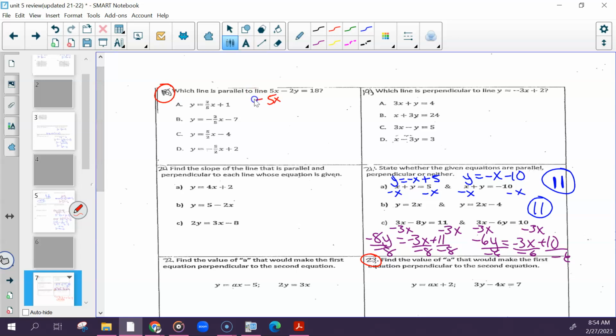Get rid of the 5x and divide everything by -2. y equals positive 5 over 2 x minus 9. And then of our answer choices, which one is parallel to that one?